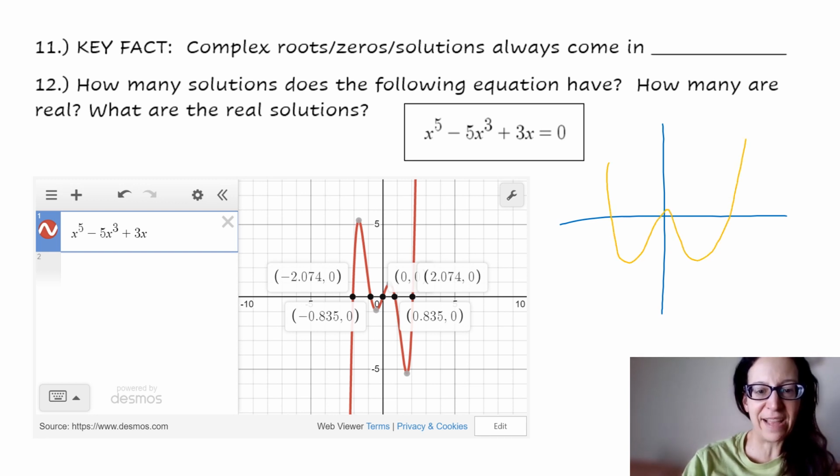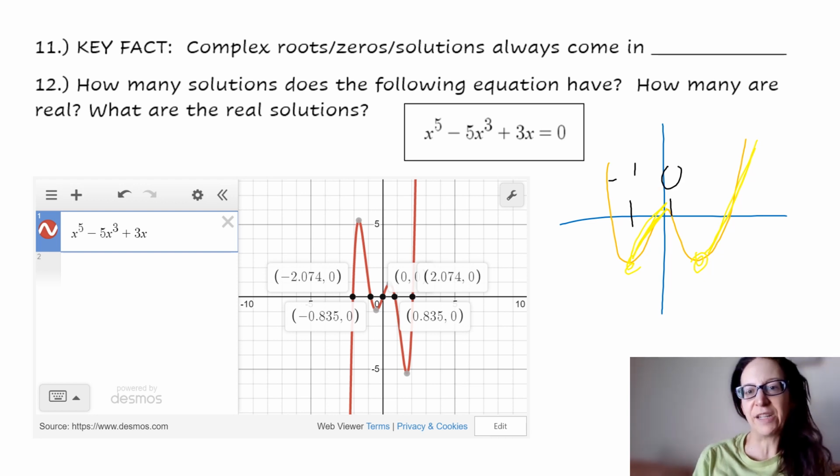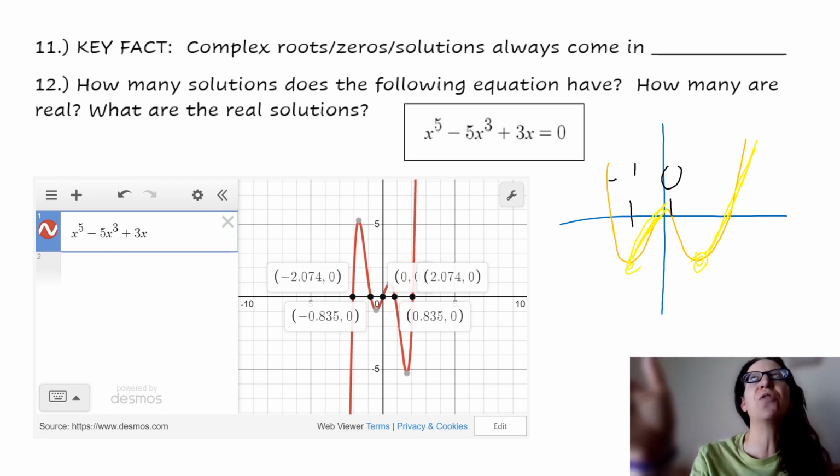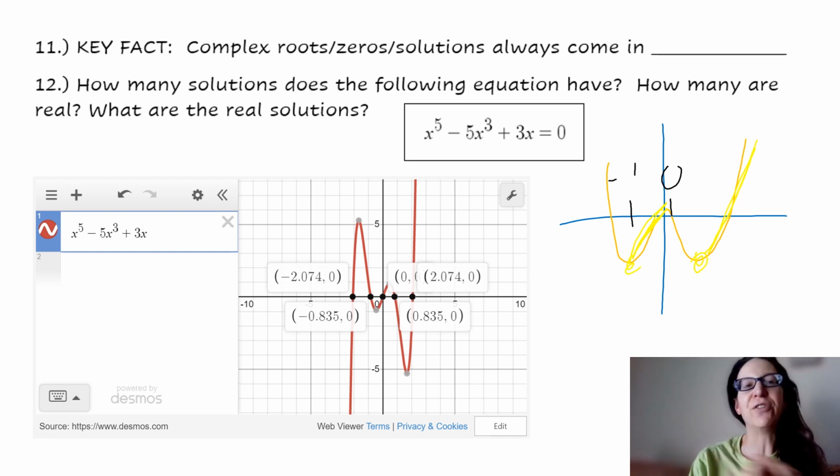Okay, on that last one, we were looking at this interval right here and this interval right here. This x coordinate was a -1 and this x coordinate was a 0. If you're following along at home and writing this out in your notebook, just roll with me here.